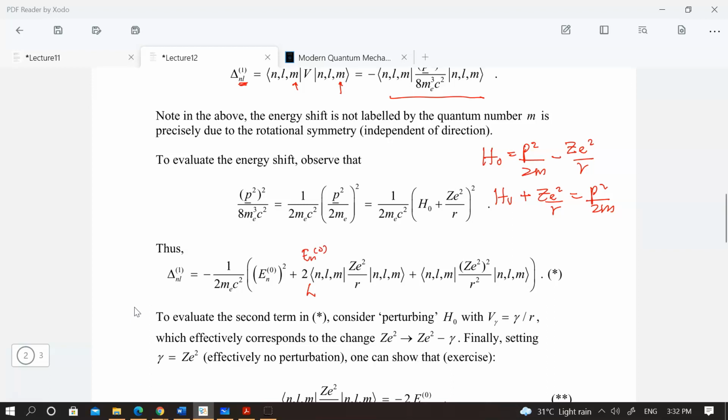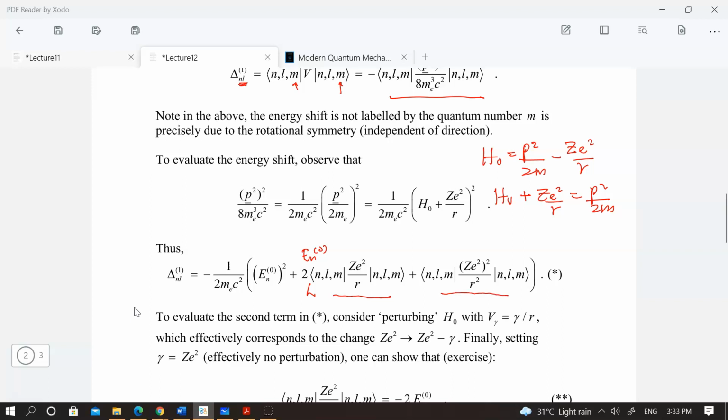This is coming from the cross term inside this square. So you have your H naught multiplying Z e squared on r. So you have E n naught there, and then the expectation value of Z e squared on r, and then the other squared value is this one. So all we need to do now is evaluate this term and also this term.